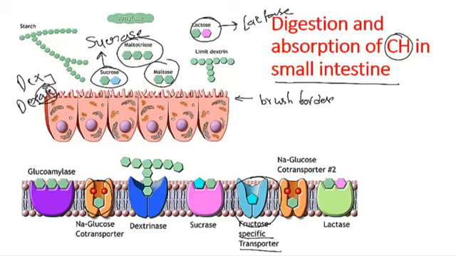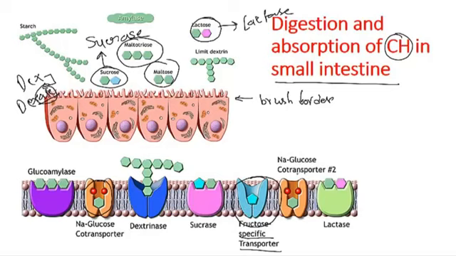And once inside the epithelial cell, all the monosaccharides exit the basolateral side of the cell via the same type of transport molecule through facilitated diffusion, so that they can move into the capillaries and spread through the rest of the body cells.